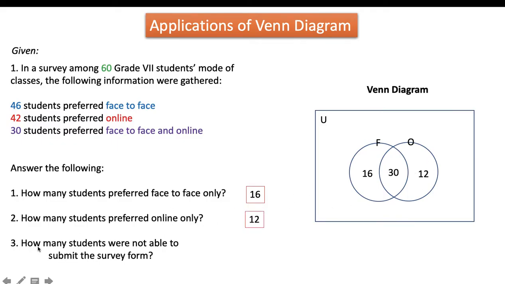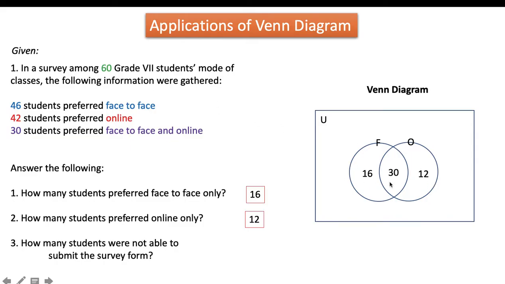Now for question number 3, how many students were not able to submit the survey form? Since we have 60 students, let us add the students who were able to submit their survey form. So 16 plus 30 plus 12 is 58. So of 60 students, only 58 were able to submit.